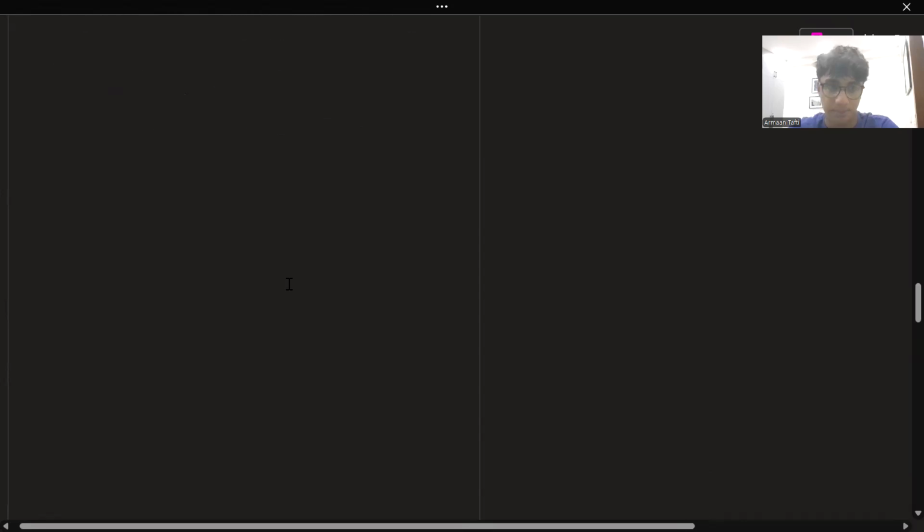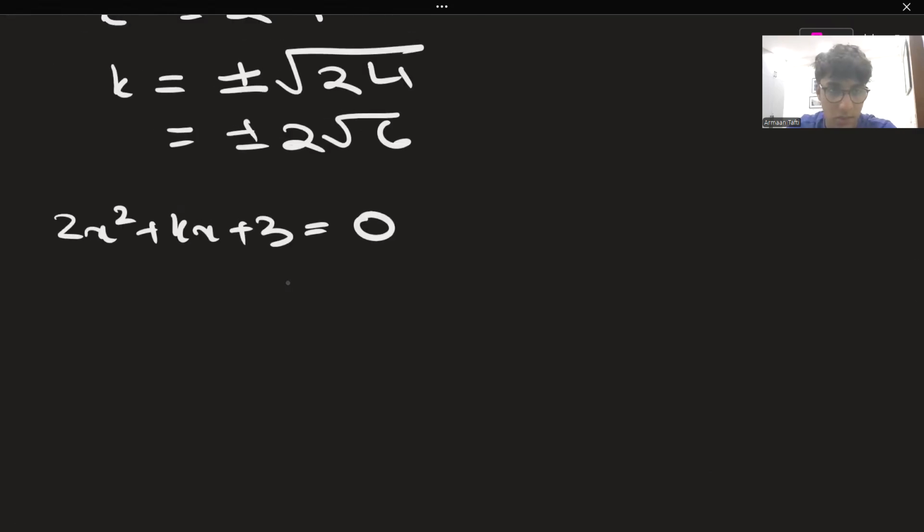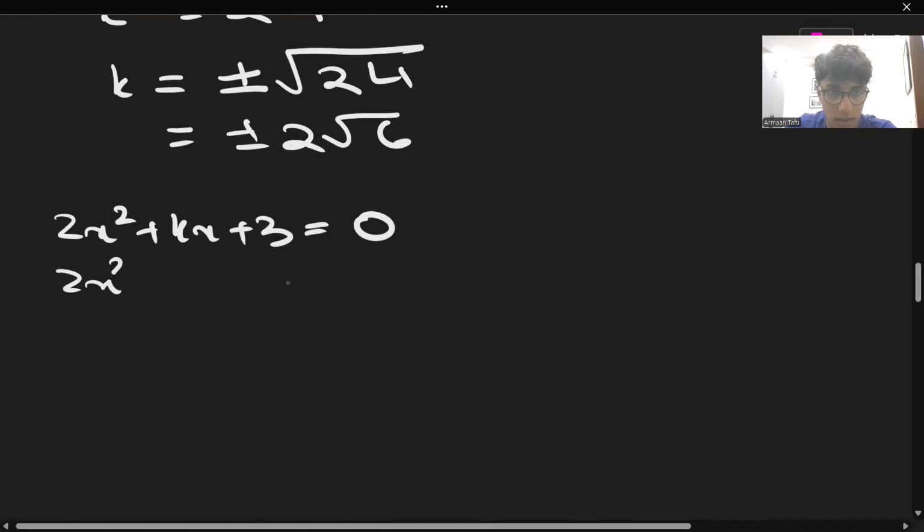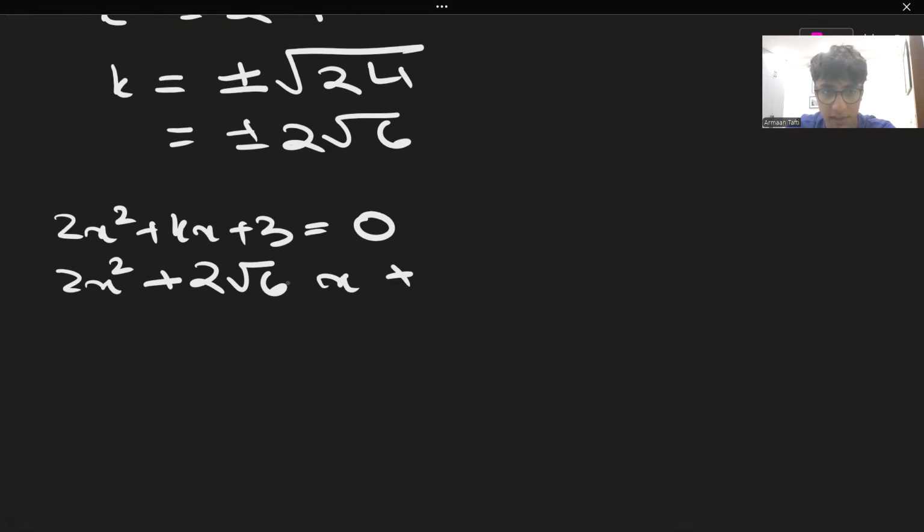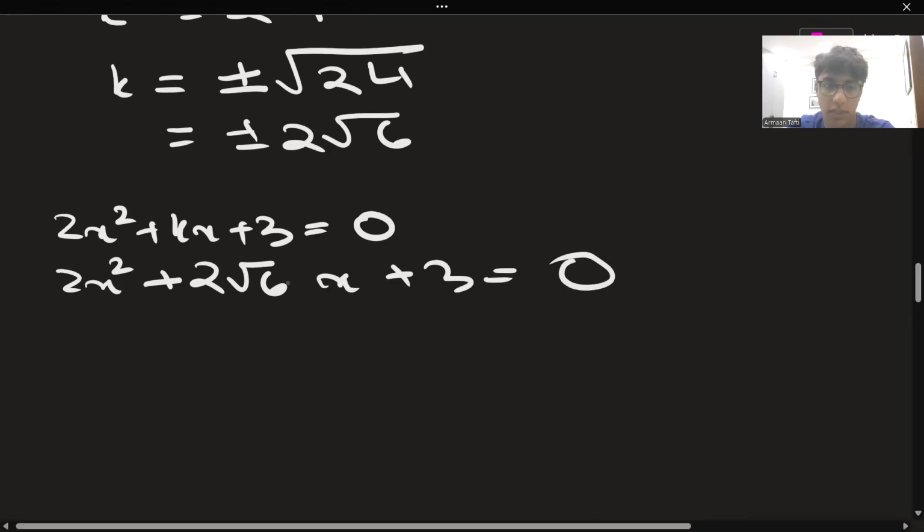So let's take k as 2 root 6. We get 2x squared plus 2 root 6 x plus 3 equals 0. It may be difficult to see, but let's just use the quadratic formula here.